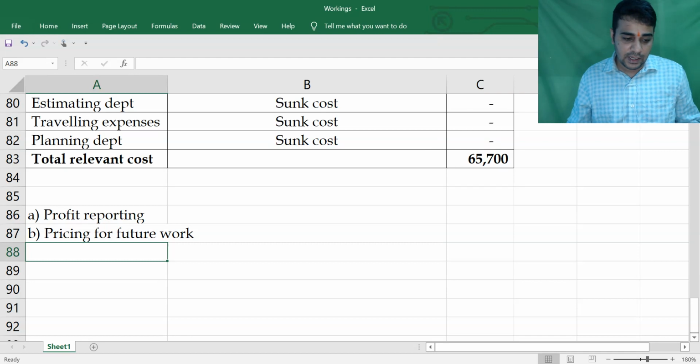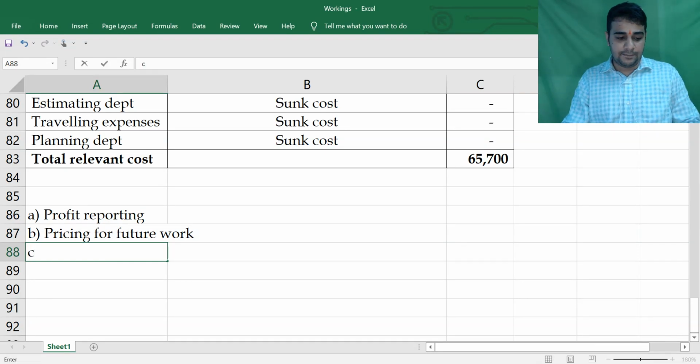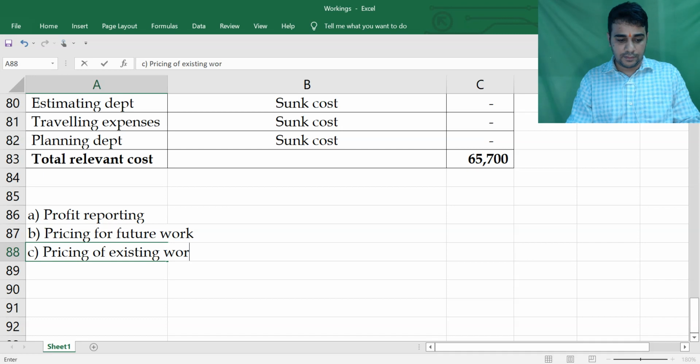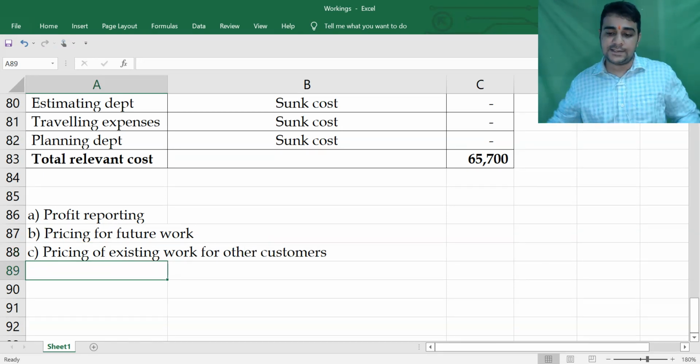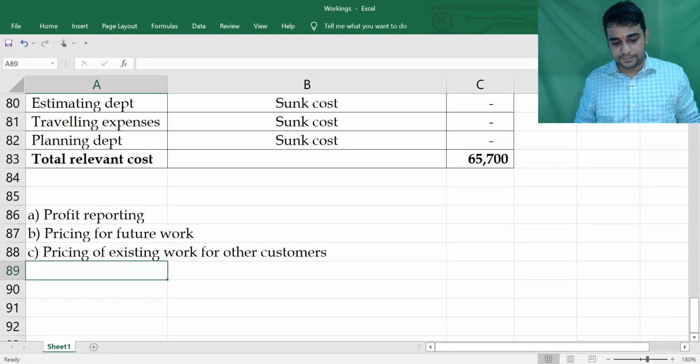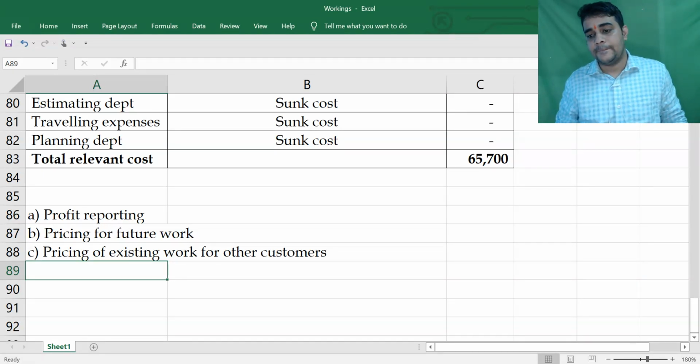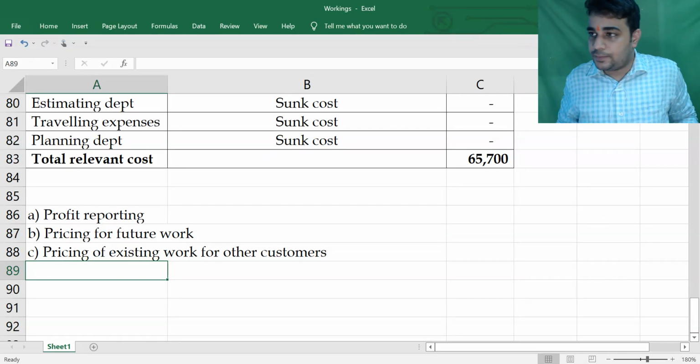Now another allied issue which can come is pricing of existing work for other customers. What happened is, I am a regular customer of this company.